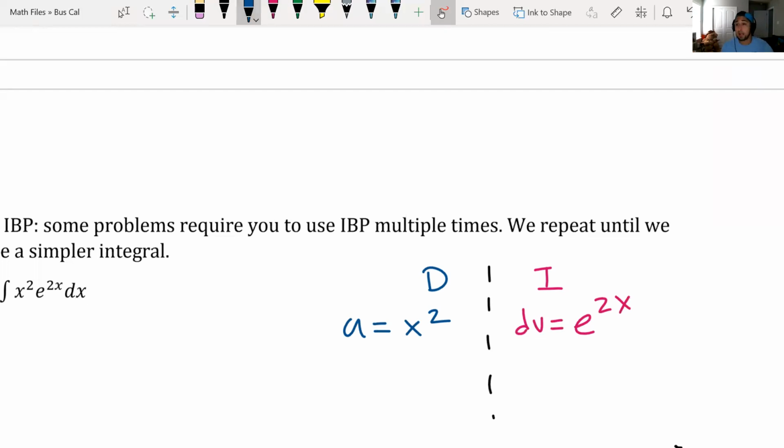All right, and now derivative, du equals 2x dx. Integral, v equals 1 over 2 e to the 2x.